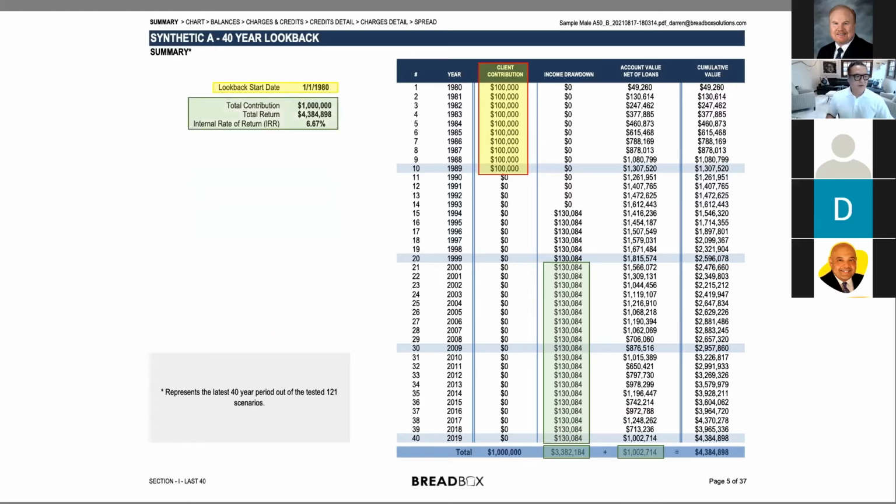And so if we looked up there in the left-hand corner, we got $1 million going in. Again, that's $100,000 per year for 10 years. You have a total, what we call a total return of $4.3 million. That is the total income drawn down plus the year 40 account balance. And that would have calculated a 6.67% net internal rate of return.